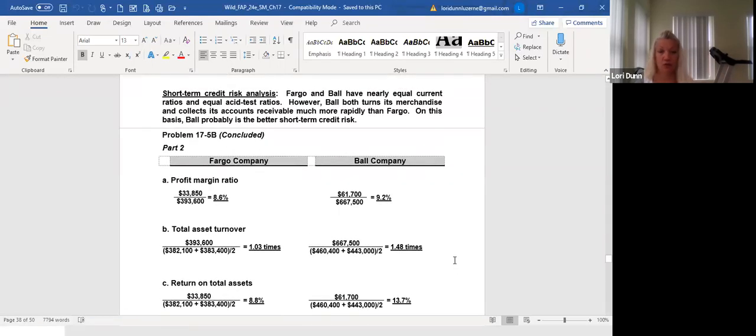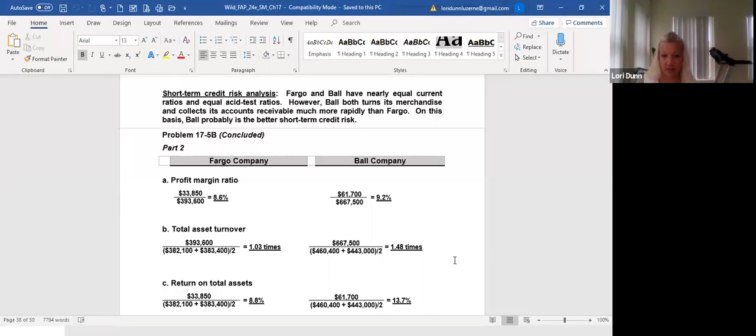Now, the return on total assets, we talked about this the other day. Now we're identifying a percentage, and you could think of it as like an interest percentage. What we're doing is looking at all the net income the company made using all these assets we invested in.